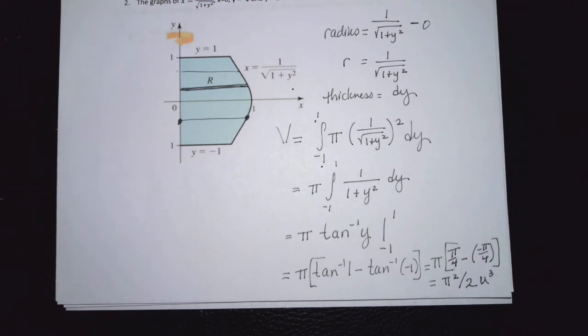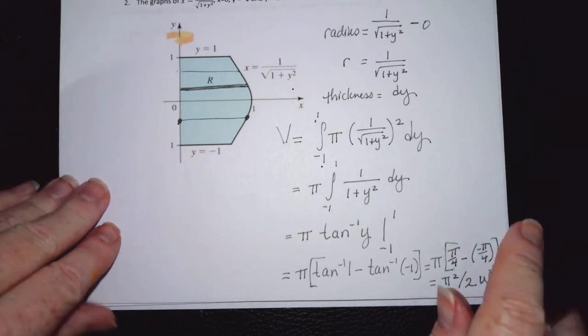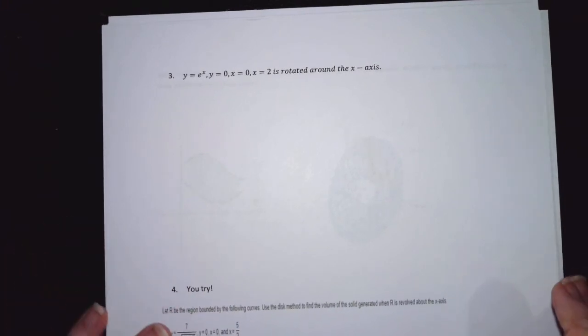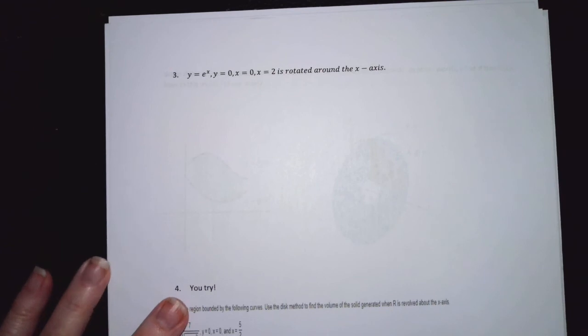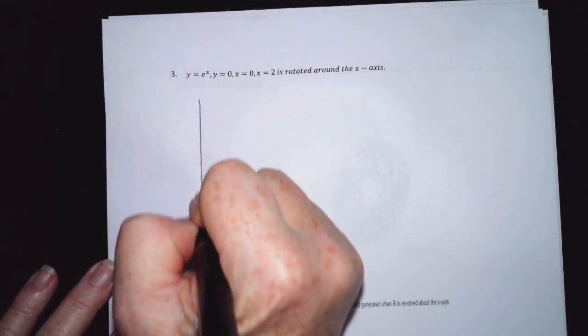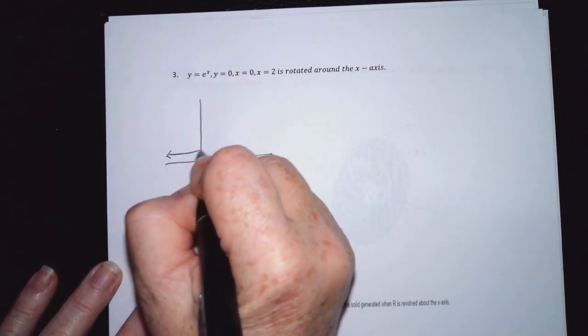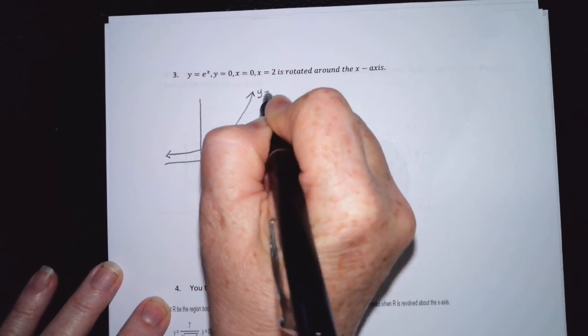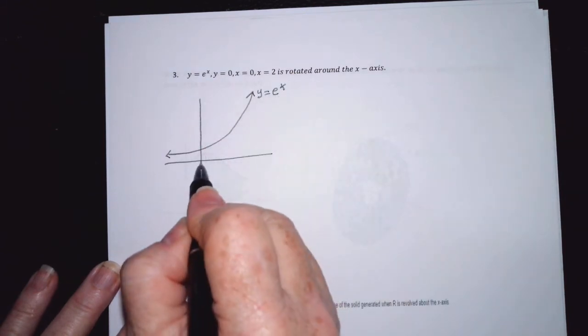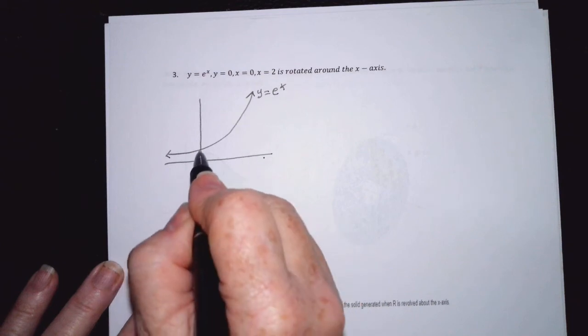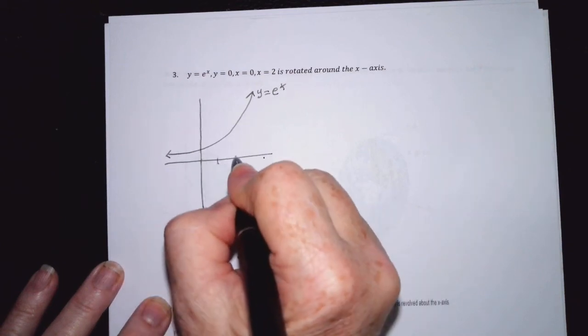Any questions about that problem? Okay, I want you to try one. So I'll go ahead and draw the graph here, though I know you could get it there pretty quickly. Let's see, our region is bounded by y equals e to the x, y equals 0, which is the x-axis, x equals 0, and x equals 2.